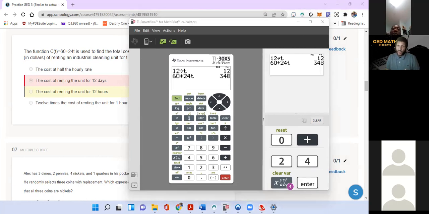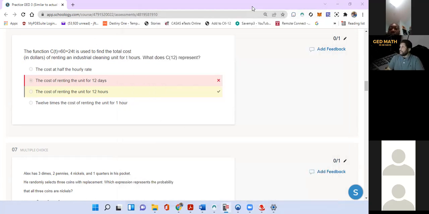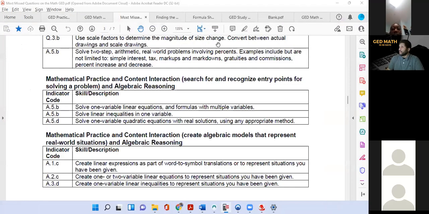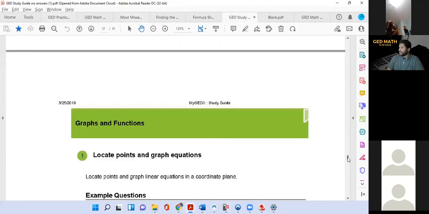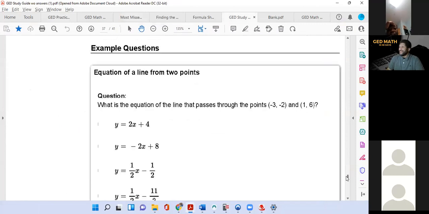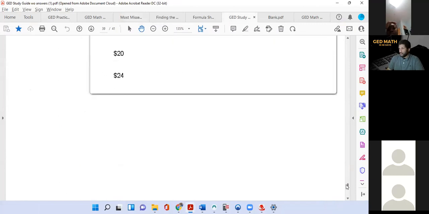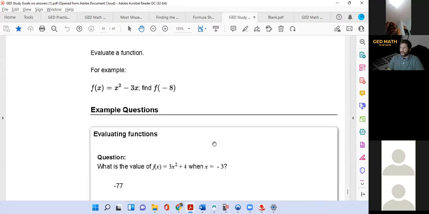So you want to make sure you understand that when we talk about a function for the GED, remember, all the variables can change. But what you're looking for, and what you can identify as the function, is if it looks like that.